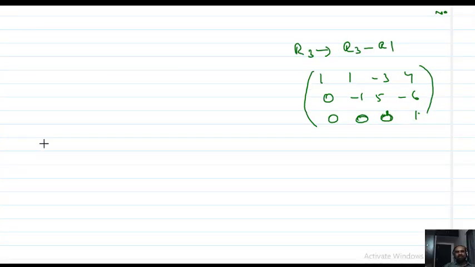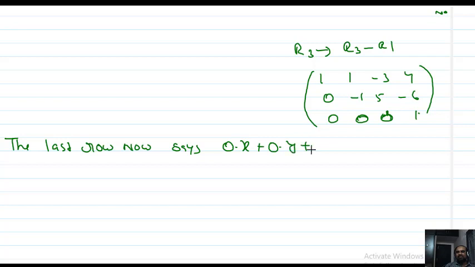Now I want to finalize the last row. It says 0 into x plus 0 into y plus 0 into z equal to 1, meaning no x, y, z satisfies.